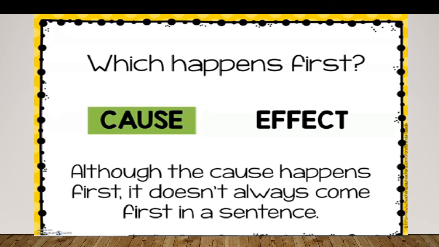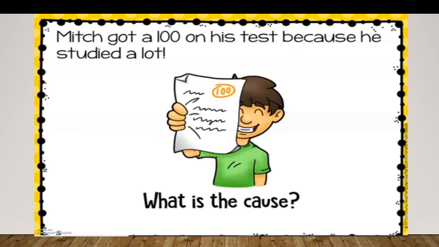But if it happens first, it doesn't mean that in the sentence it will always be first. Look at this. Mitch got a 100 on his test because he studied a lot. What is the cause? What happened to Mitch? He got 100 on the test, right? Why? Because he studied a lot.